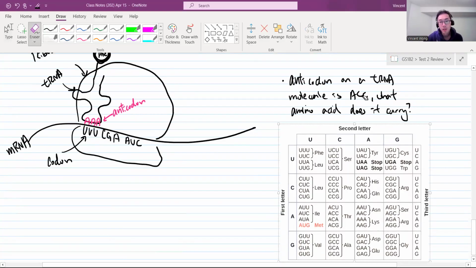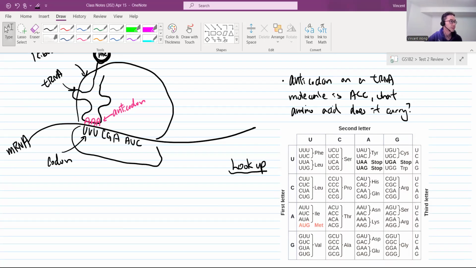This is of course the anti-codon, and we're not going to look it up. Instead, we are going to look up the codon, which is UGG.